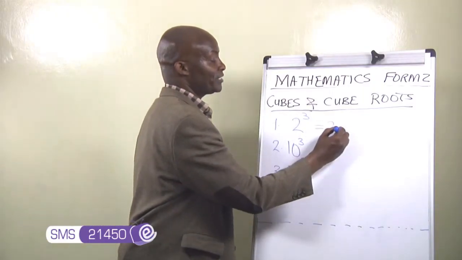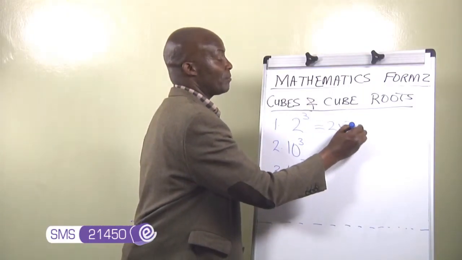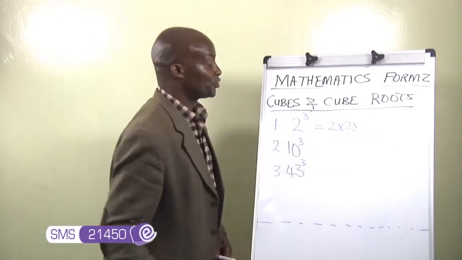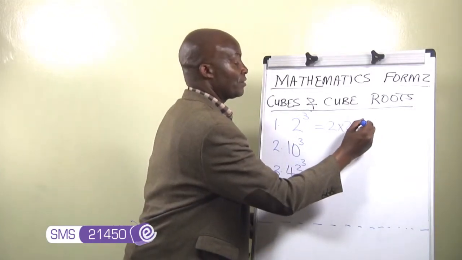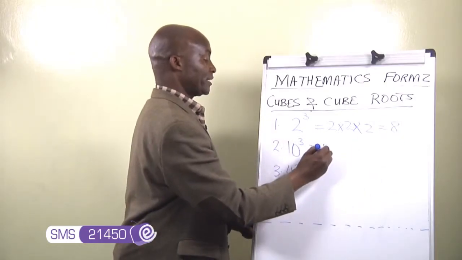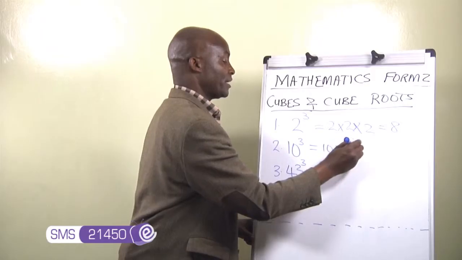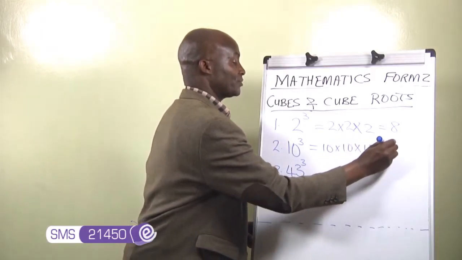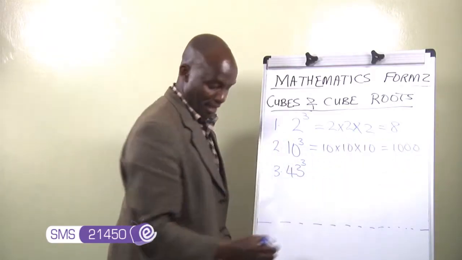2 to power 3 means 2 multiplied by 2 multiplied by 2. That should give you 8. Whereas 10 times 10 times 10 is equal to 1,000.